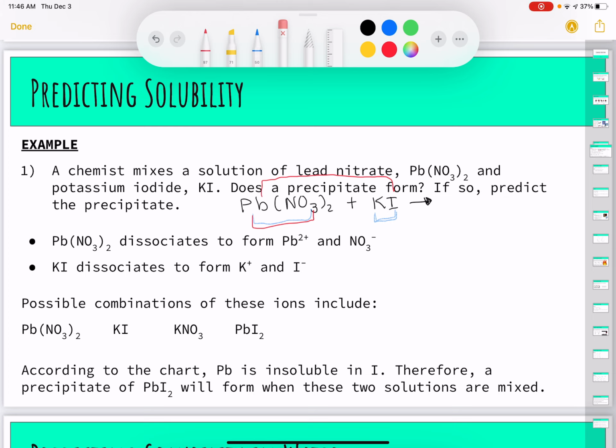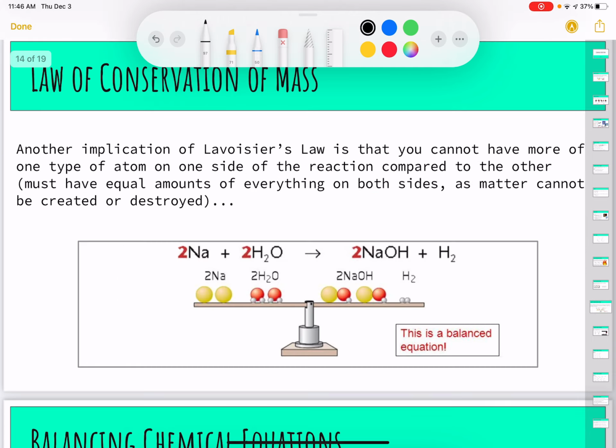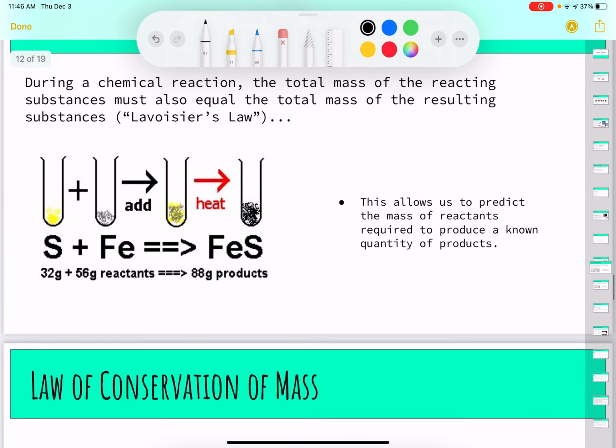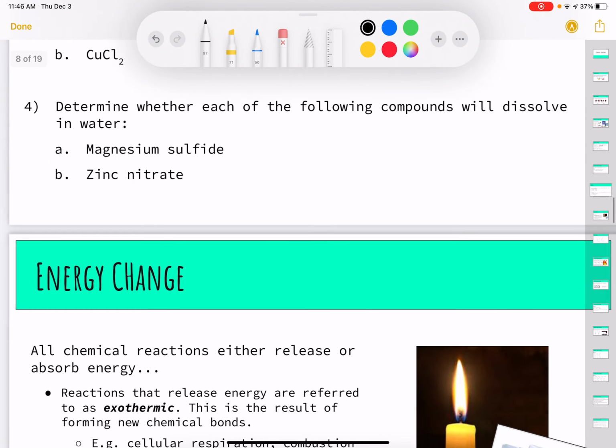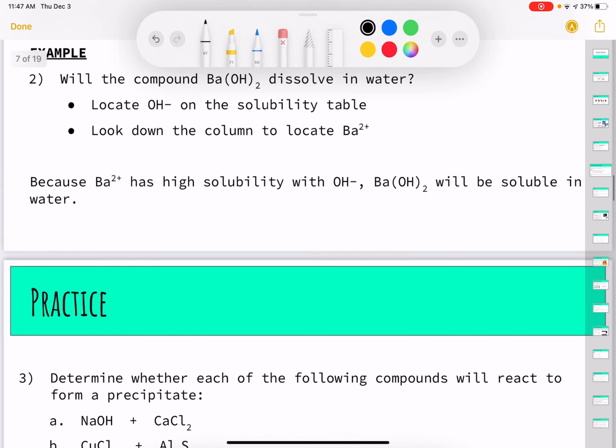All right, so back to this. Basically, we're switching partners. So whenever you see two compounds, when mixed together, they switch partners. So lead was with nitrate, and now it's going to be with iodine.